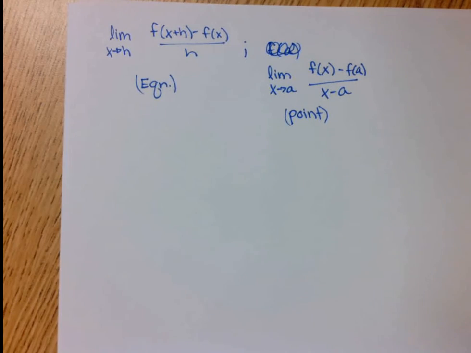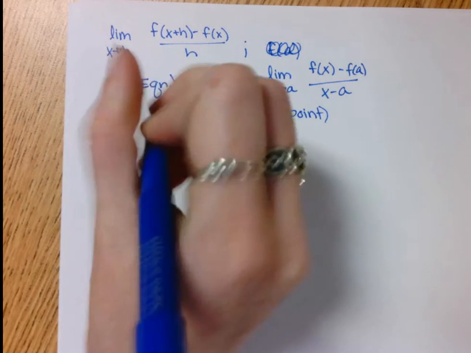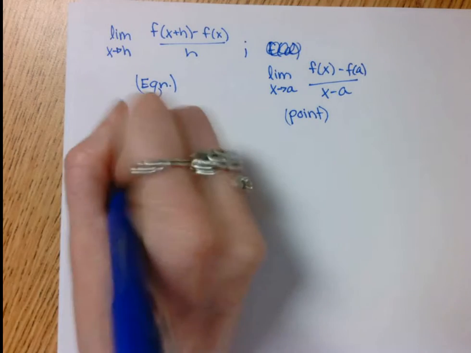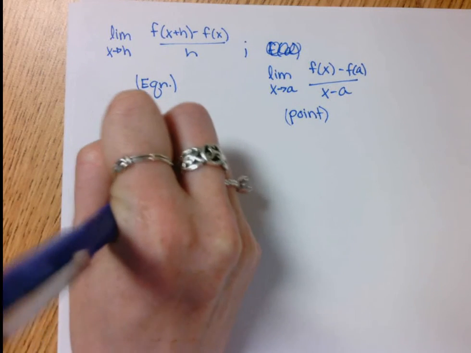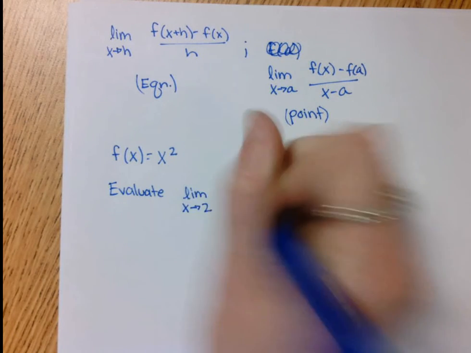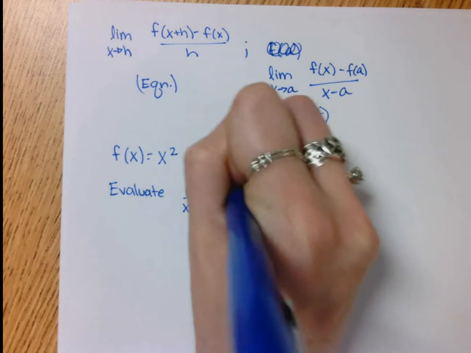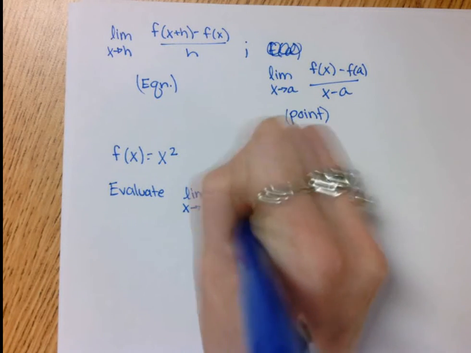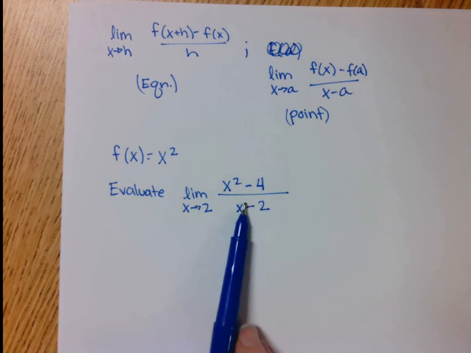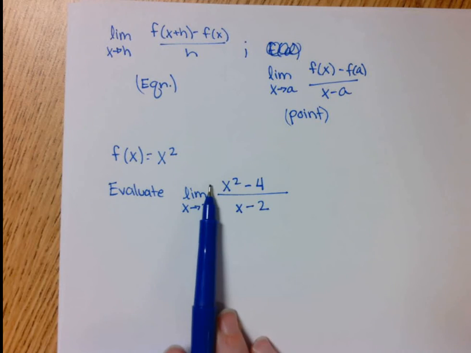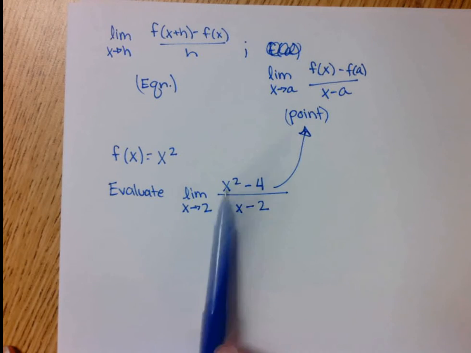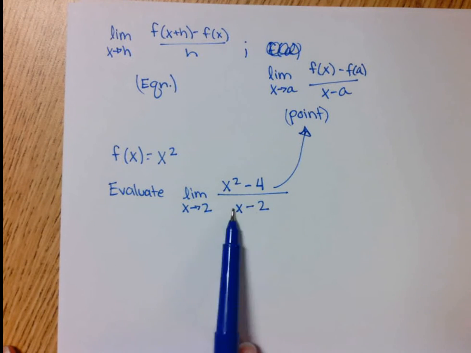What does that mean? Say they gave us a function f of x is equal to x squared, and they're saying, hey, evaluate the limit as x approaches 2 of x squared minus 4 over x minus 2. If you didn't want to deal with the algebraic manipulation, you might say, hey, I recognize that this is the derivative rule, f of x minus f of a all over x minus a.